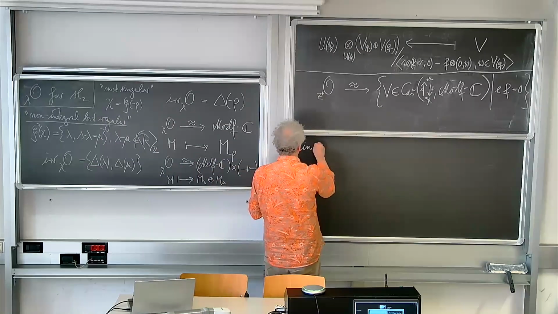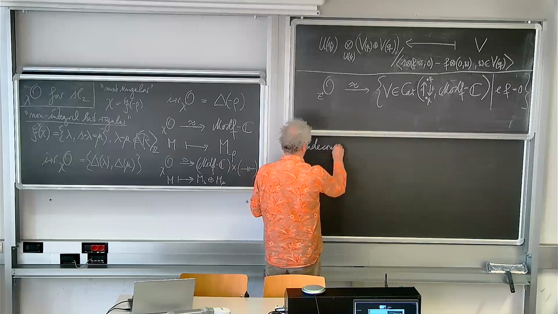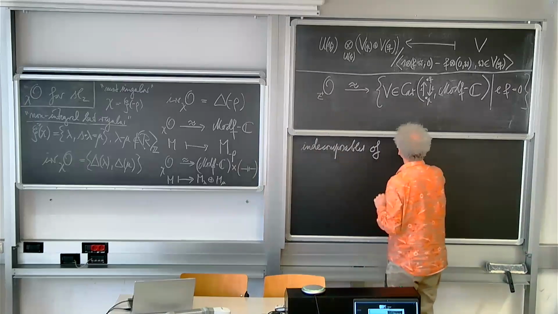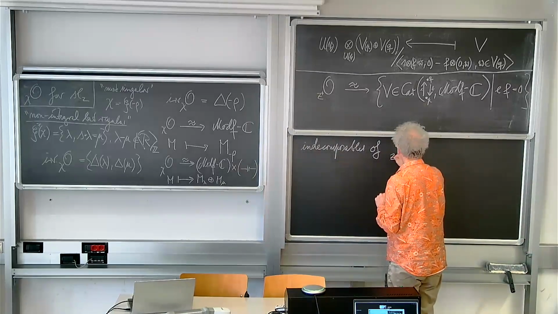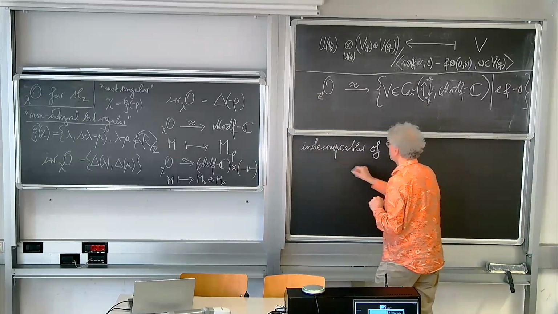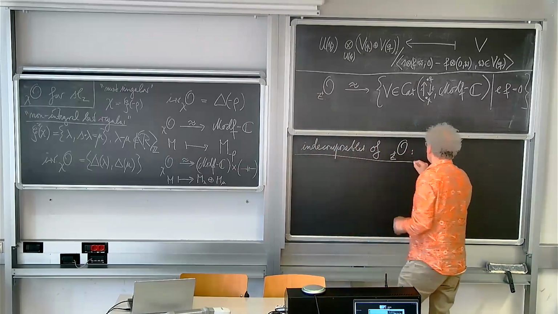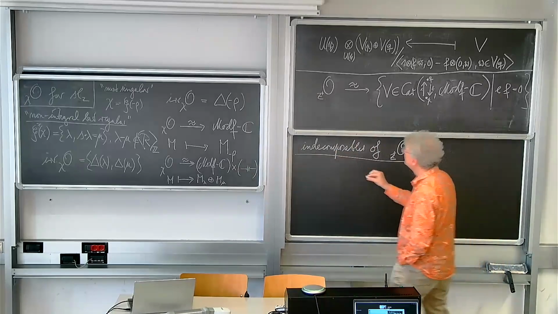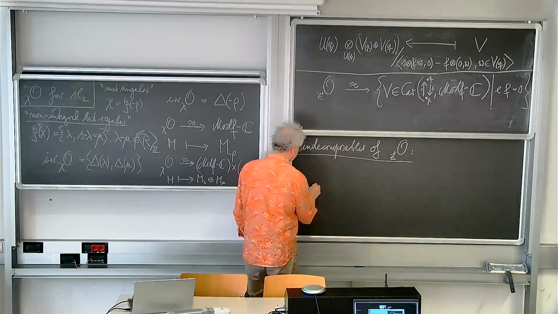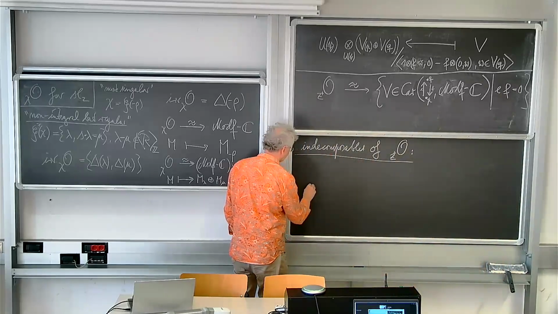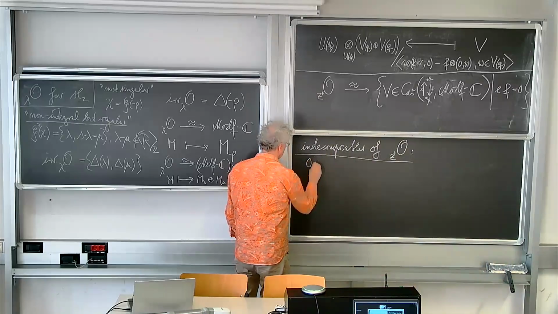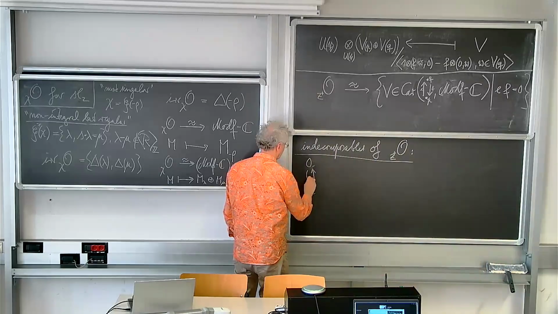I want to know what is indecomposable. What do we have as representations of this quiver? We have C and 0, and the maps are evident.